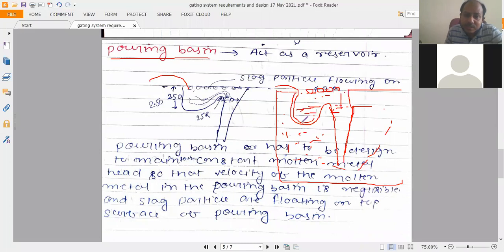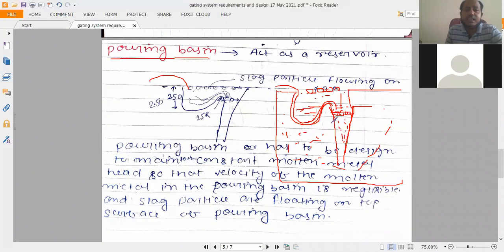The structure should be curvilinear here so that the metal flows slowly and turbulence is avoided, and the strainer can strain out some other impurities here, and it then goes slowly from the pouring basin to the sprue part.